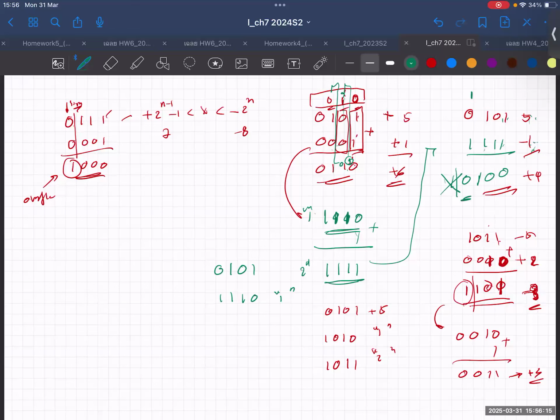And then you need +1, which is 0 0 0 1. We actually split it into three lines. Understand, right? So you add +5 with the one's complement of number 1 first, and then add 1 later on. How can we introduce 1 later on? We can introduce it here as the carry.